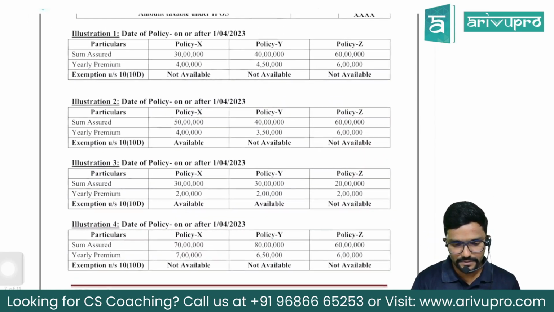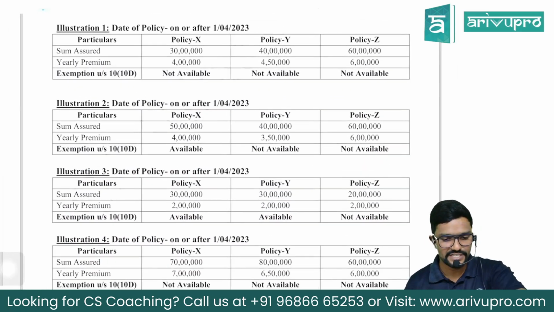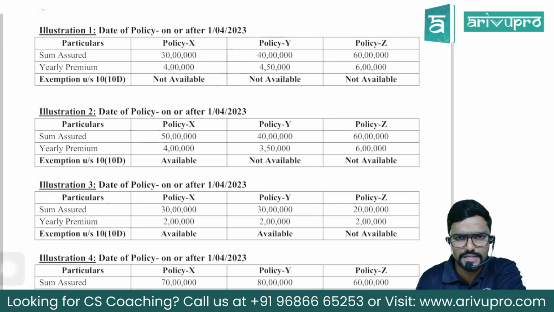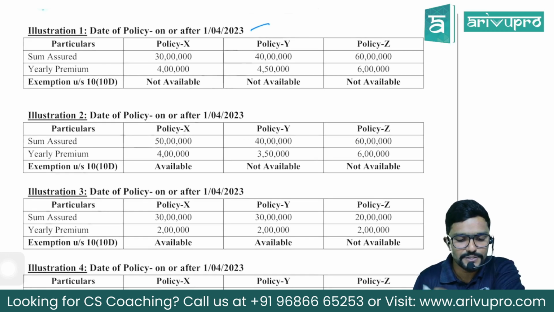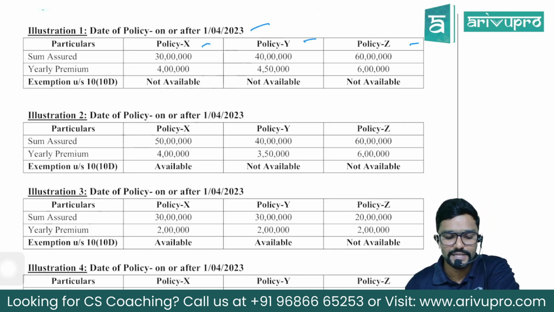I have just given some examples here. Let us see the illustrations. In all these illustrations, the policy is taken on or after 1st April 2023. For simplification, assume a person has 3 policies X, Y, Z, with sum assured of 30 lakh, 40 lakh, 60 lakh, and yearly premium of 4 lakh, 50, 6 lakh.